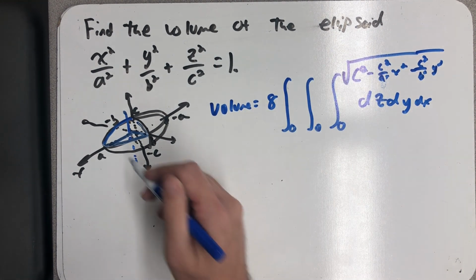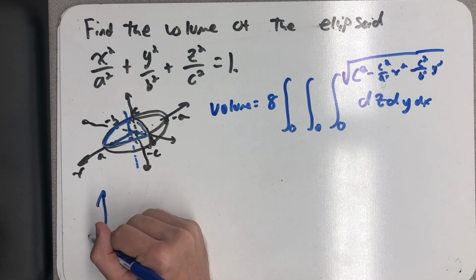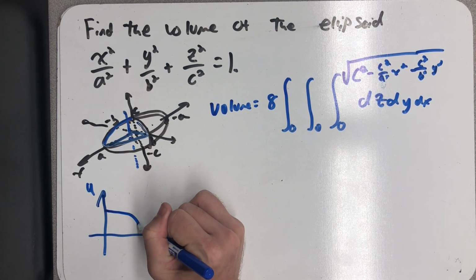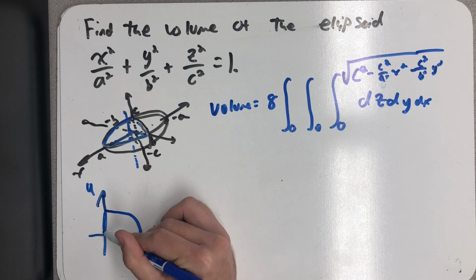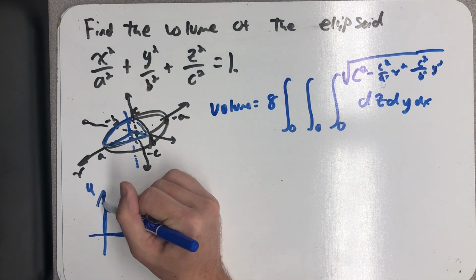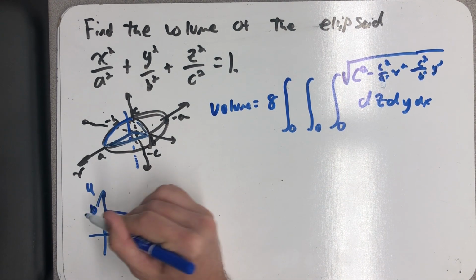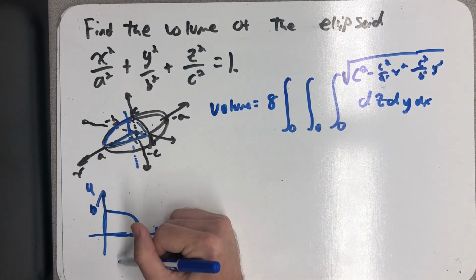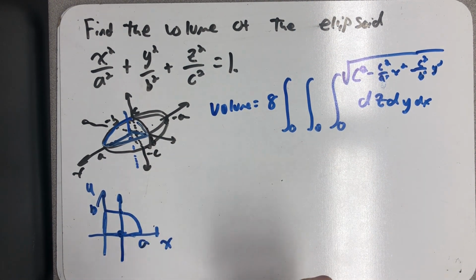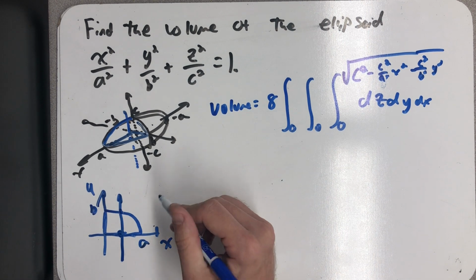And now I need to imagine the projection into the xy plane. And I would get an ellipse, or that little quarter of an ellipse in the xy plane, going from 0 to a and from 0 to b on the y-axis. And I would start at 0 and then go through the equation of the ellipse I would get in the xy plane.